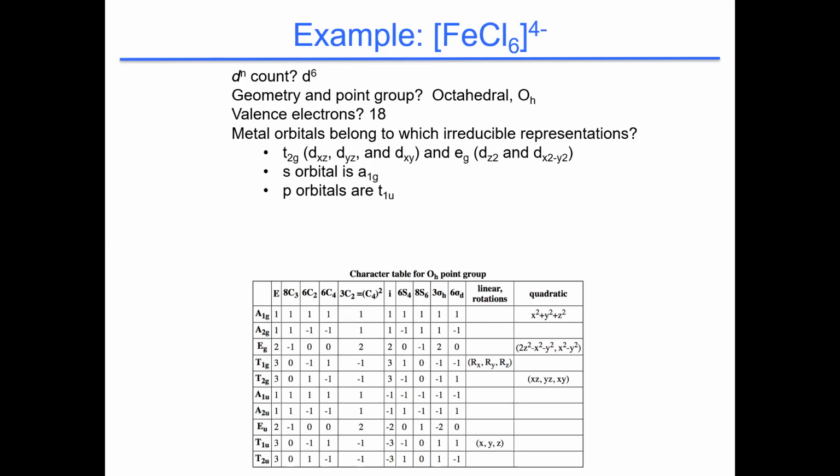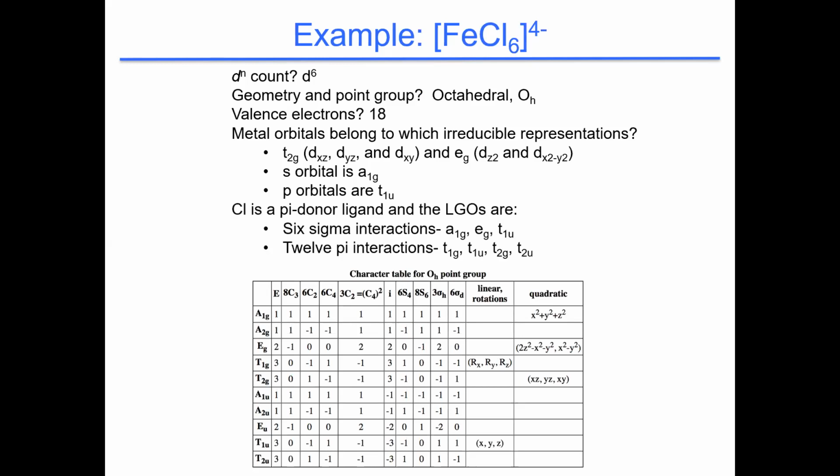So it's x, y, and z referring to each of the p orbitals in each of the directions of the Cartesian coordinates. You can know this because the p orbitals are antisymmetric to inversion, so they flip sign when you undergo either a C2 rotation or inversion. That's also another clue that the p orbitals are T1u symmetry.